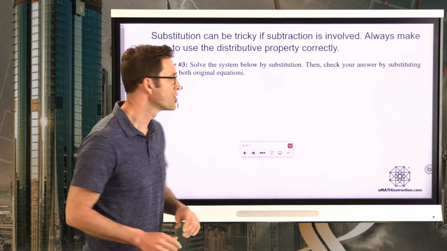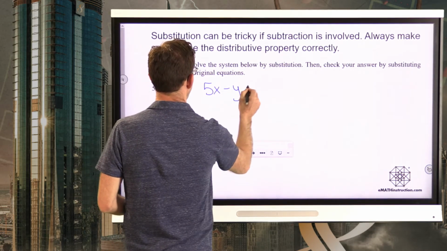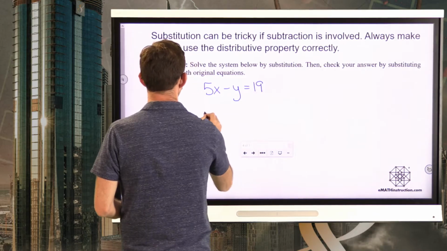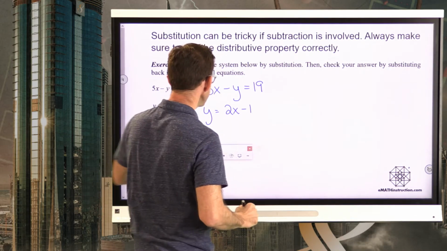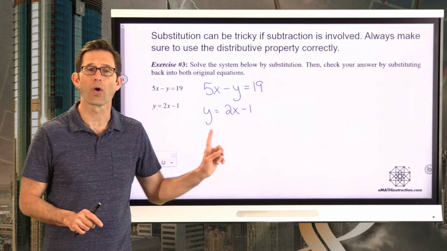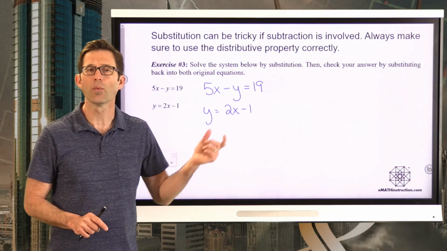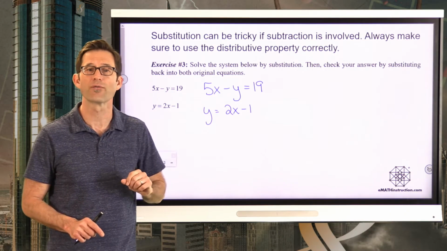All right, great. So again, let me write these a bit bigger. 5x minus y is equal to 19, and y equals 2x minus 1. Okay, so again, what's really nice about using substitution here is that our y is isolated. So we can easily take our 2x minus 1 and substitute it into this equation for y.